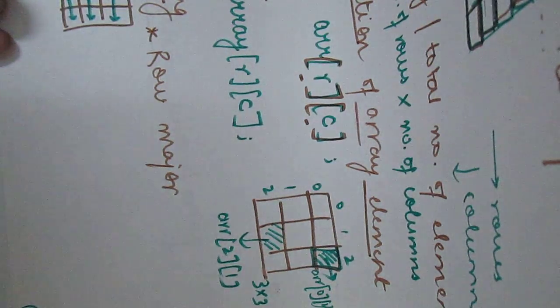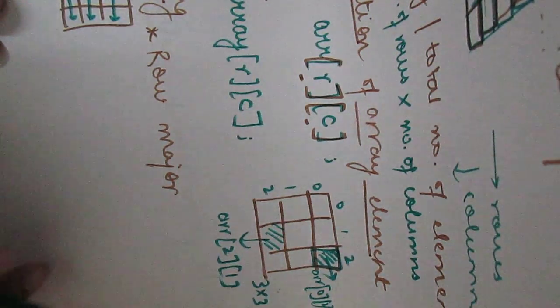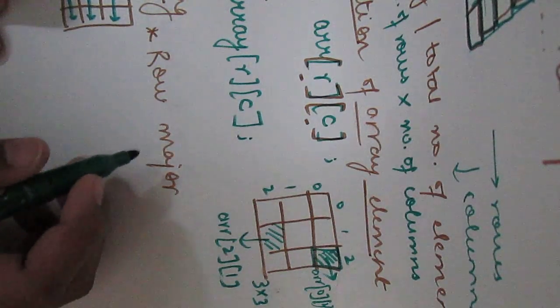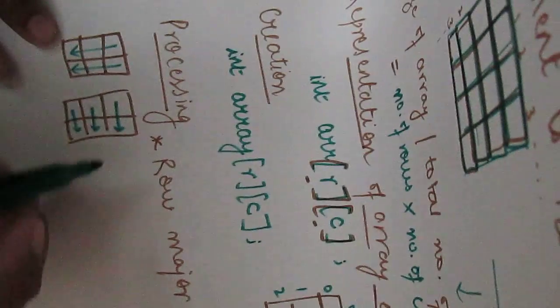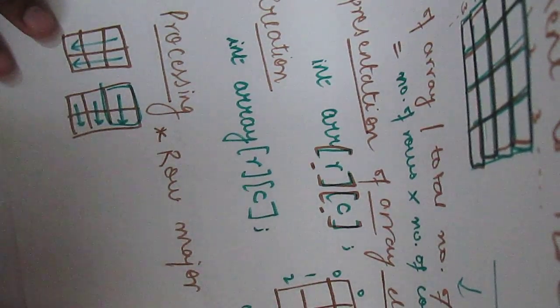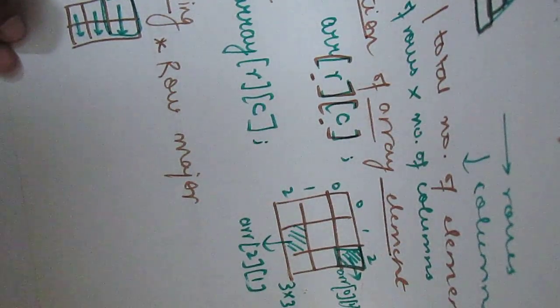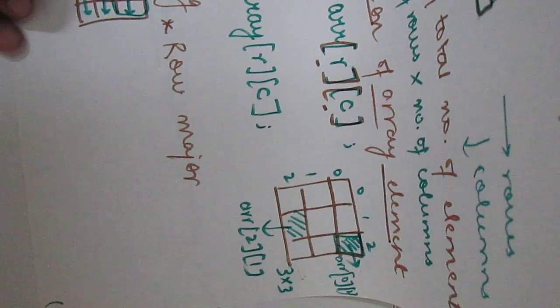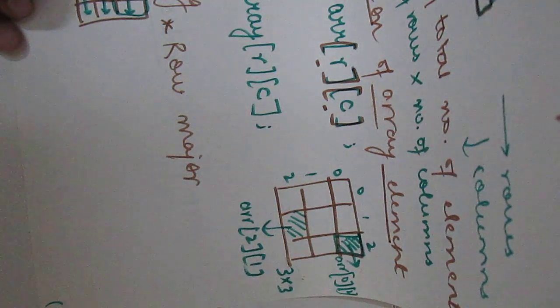So let's see row major. How to process an array using the row major method. In the row major method, first we'll take this particular row and process each and every element of this row. We'll use a nested loop. Can you guess why? If not, then I'll tell you.